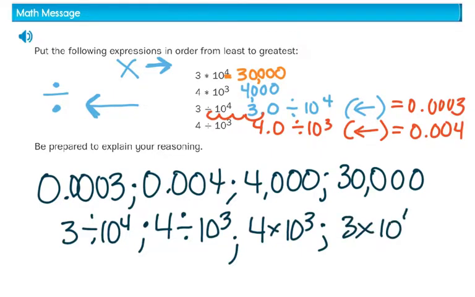And the largest would be 3 times 10 to the 4th. Notice that the division ones show up as the smallest and the multiplication would be the largest.